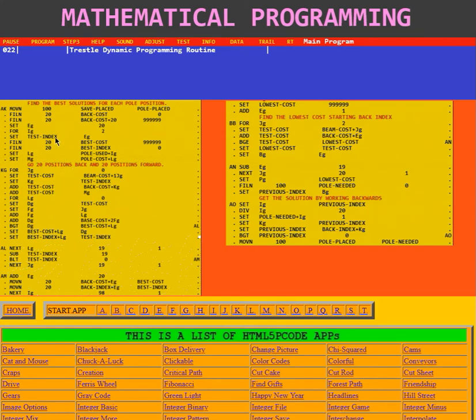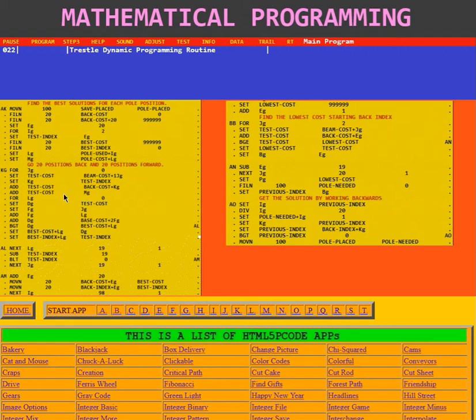Well, that's this value up here. Then it says add to that the back cost at KG. Remember, we're going back to previous poles. Here it's getting this test cost from the previous pole, and it adds to it what we saw up here was the cost of the pole.